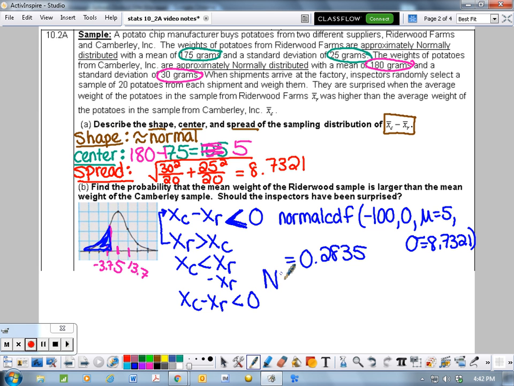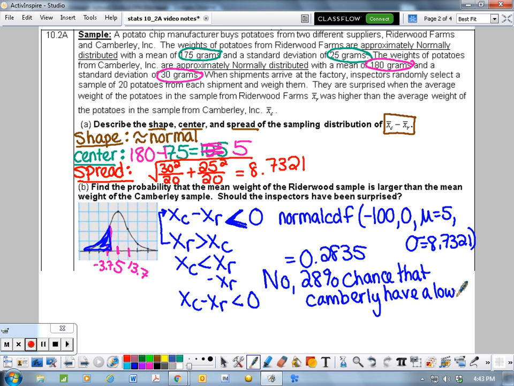No. There's a 28% chance that Camberley would have a lower sample. Helps if I read better. Okay, and so that's really what we're working with.